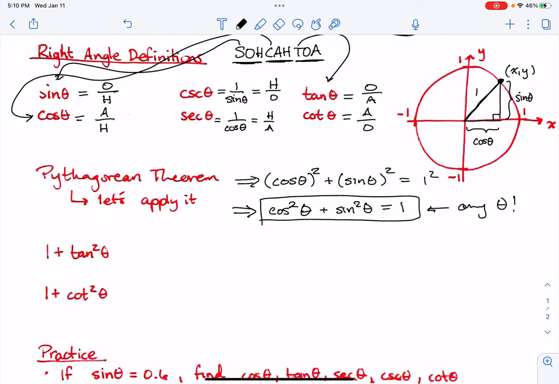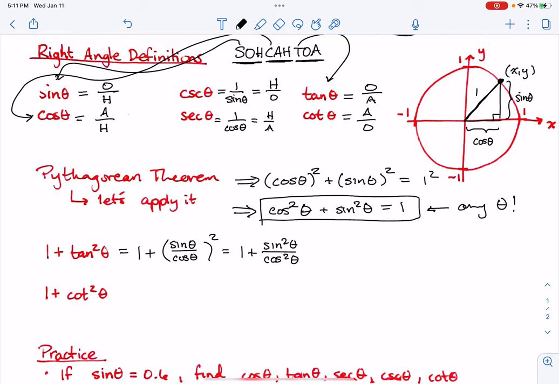So, 1 plus tangent squared of theta. Is there any other form we could put this expression into? Well, let's think of what tangent is. We said that tangent was sine over cosine. So we have sine over cosine, squared, and that squared just applies to the numerator and the denominator.